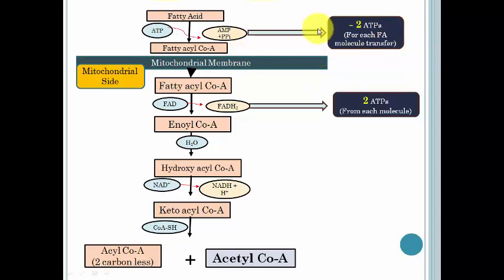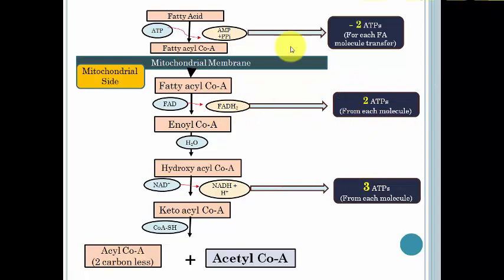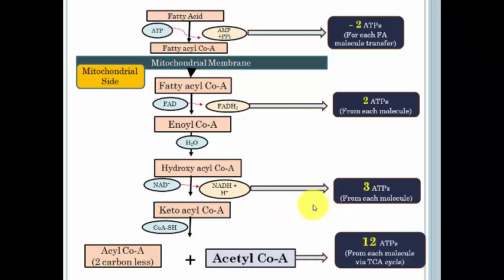Then in each cycle 1 molecule of FADH2 is produced, that will enter into the electron transport chain, and that will generate 2 ATPs. Again NADH will enter into the electron transport chain, and it will produce 3 ATPs. And when acetyl-CoA enters into the TCA cycle and is oxidized completely, it will produce 12 ATPs. So one TCA cycle will produce 12 ATPs.